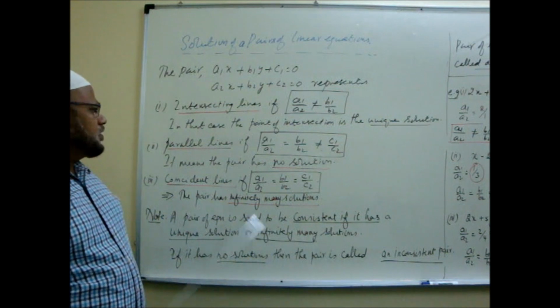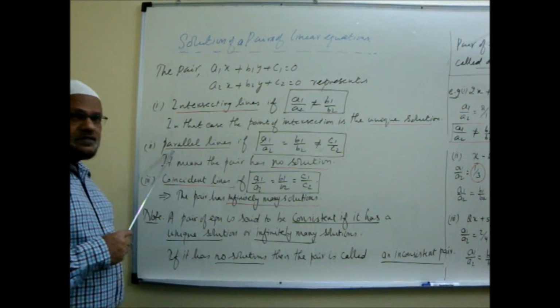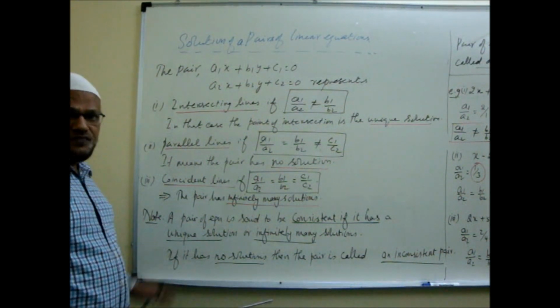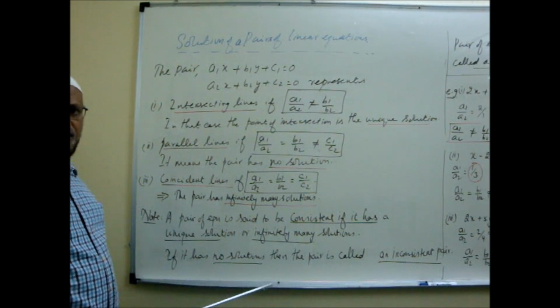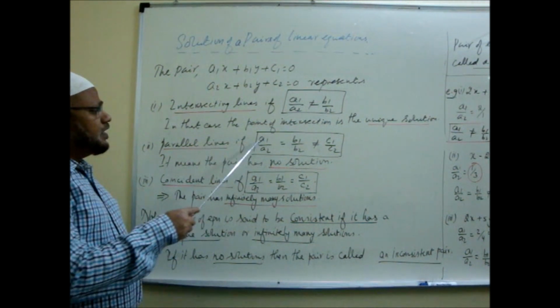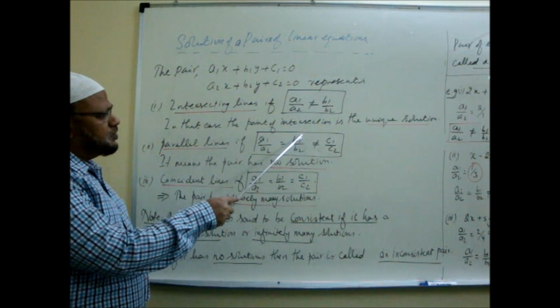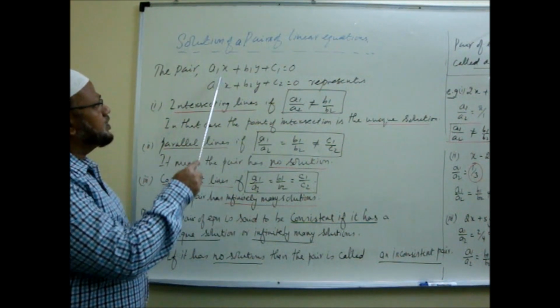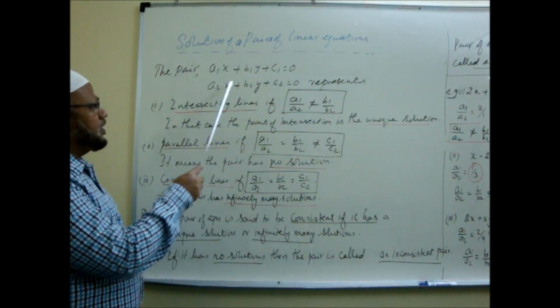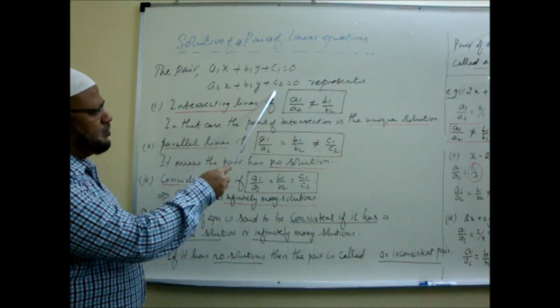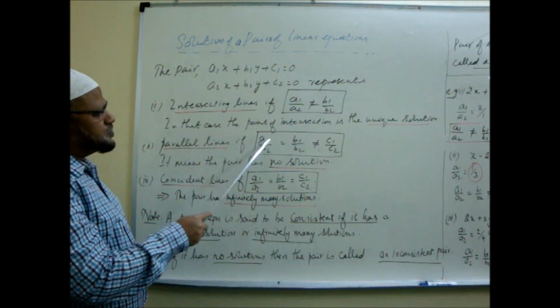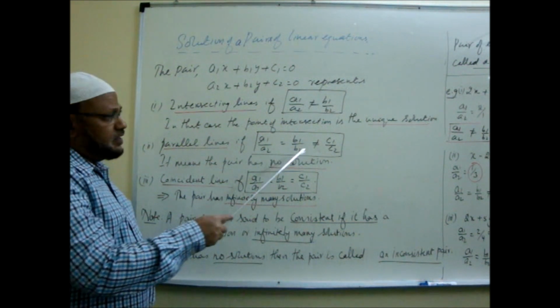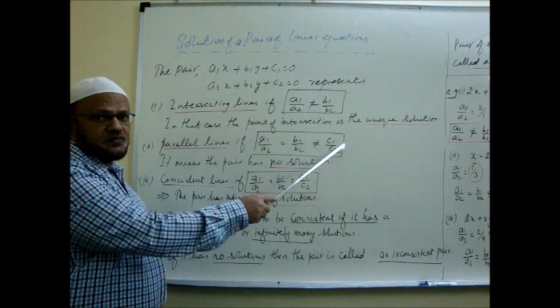Second one, this pair will represent parallel lines. If you draw on the graph sheet, the lines will be parallel when a1 by a2 is equal to b1 by b2 but not equal to c1 by c2. You find all the three ratios: a1 by a2, b1 by b2, c1 by c2. You will note these two ratios will be equal to one another, and not equal to the third ratio.